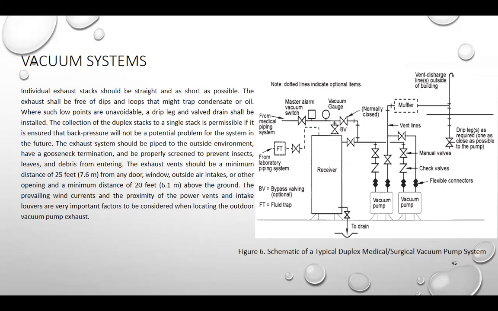The exhaust vent should be a minimum distance of 25 feet from any door, window, outside air intakes, or other opening, and a minimum of 20 feet, 6 meters, above ground. The prevailing wind current and the proximity of the power vents and intake louvers are very important factors to be considered when locating the outer vacuum pump exhaust.